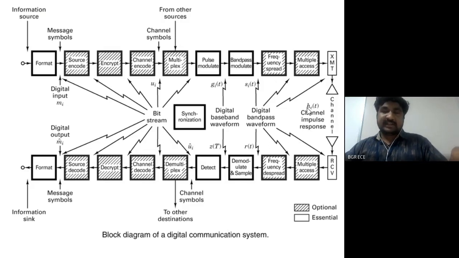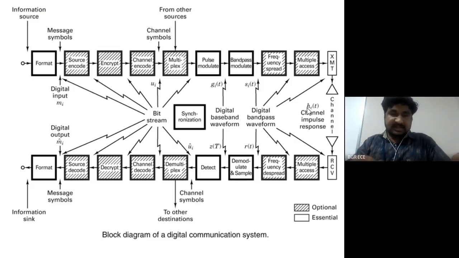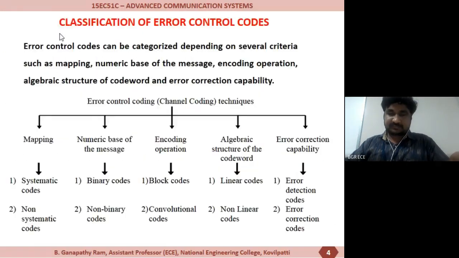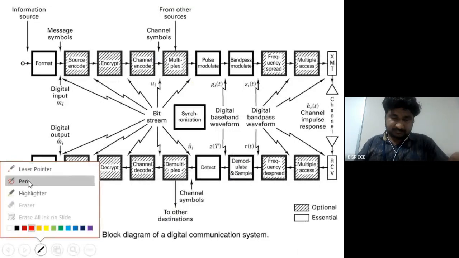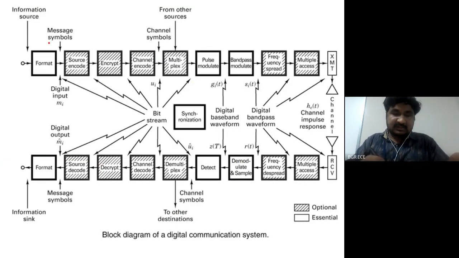I would like to recall the block diagram of a digital communication system. In this block diagram, the formatter part we have completed under Unit 1. This formatter consists of a sampler, quantization process, and encoding process.